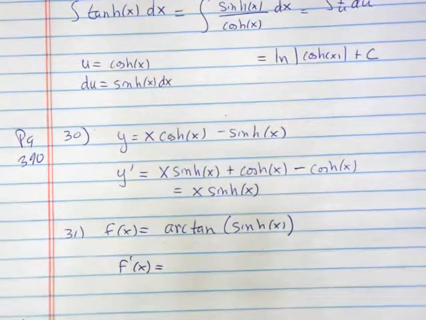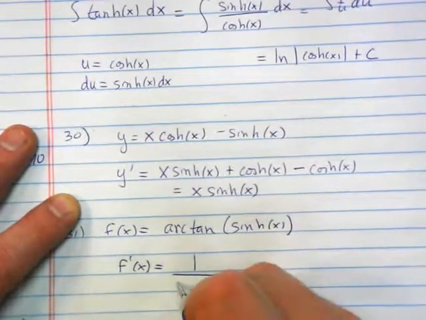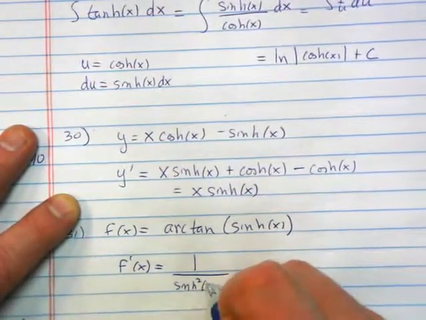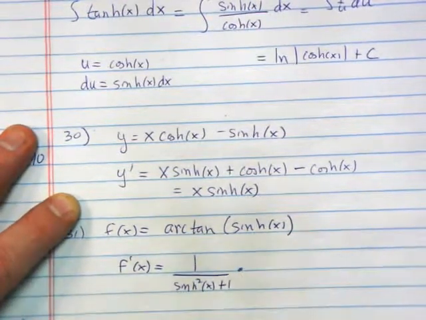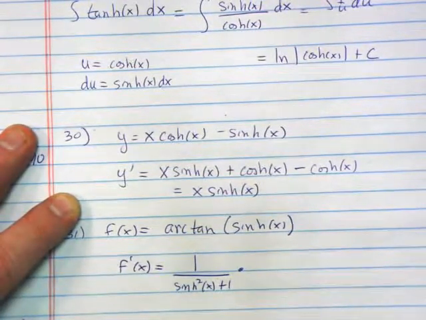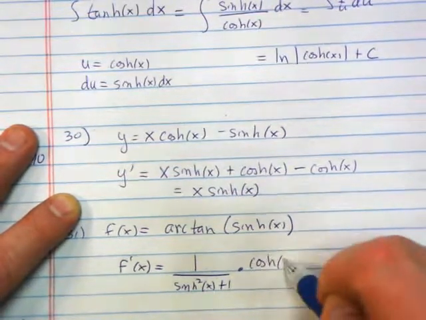All right, so I'm going to have 1 over this thing squared, so that's hyperbolic sine squared of x plus 1, times the derivative of that thing, hyperbolic cosine.